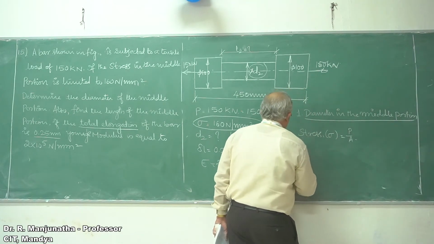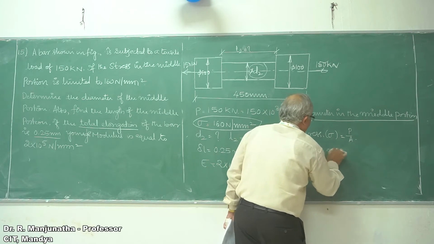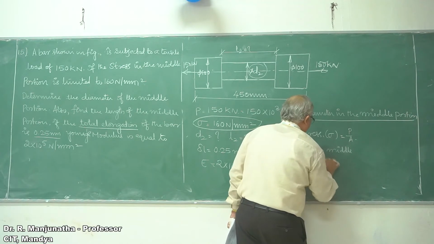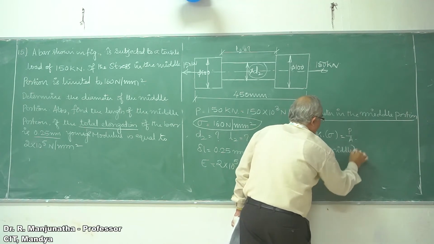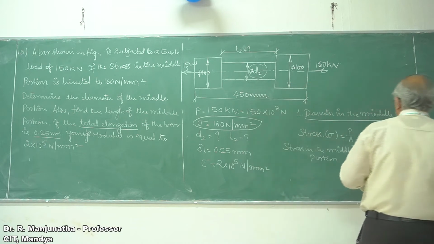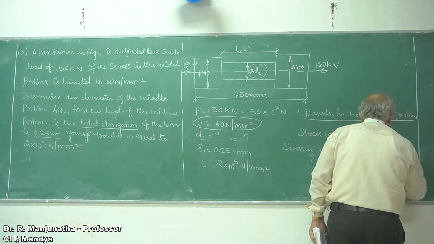Therefore, stress in the middle portion, sigma 2, is given by the load by the area of cross section, which will be equal to P by A2.